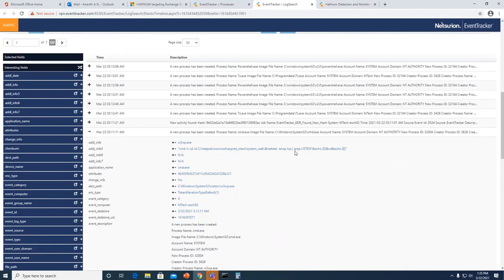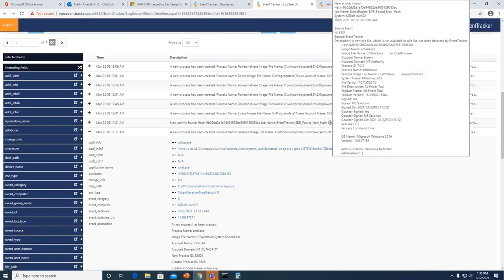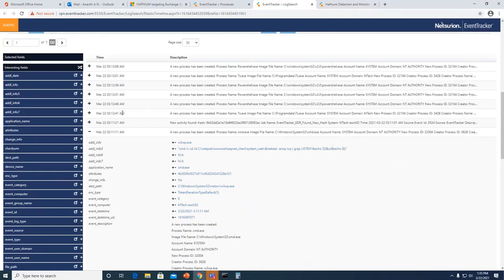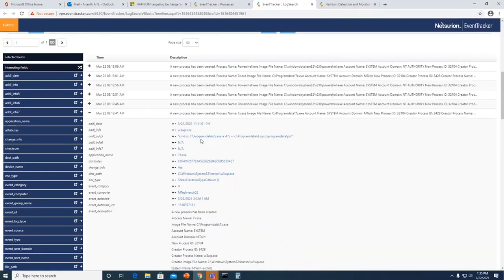And this is what that process is doing. Again, launched by the web server, which can never really be a good thing. We identify it as a new, never seen before, which is another tip off. And then you see that 7Z has been created, and you can see it's trying to zip up the PST file. So if you follow along, you'll see the entire attack as described by Microsoft conveniently laid bare.